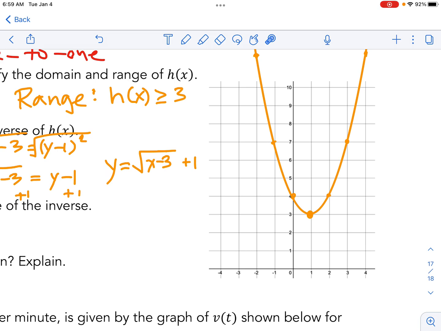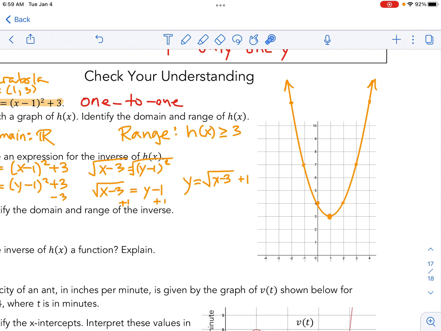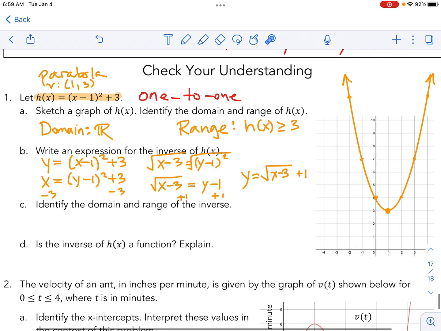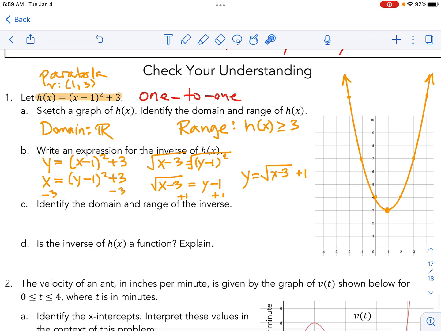And so if I don't start restricting the domain, then if I want to just graphically draw this inverse, then I could just literally switch the domain and the range, right?